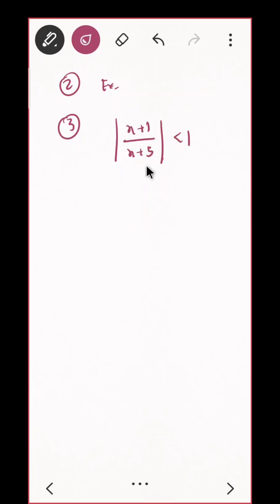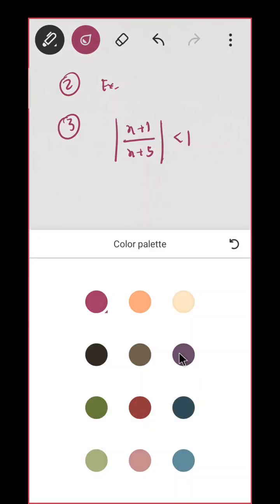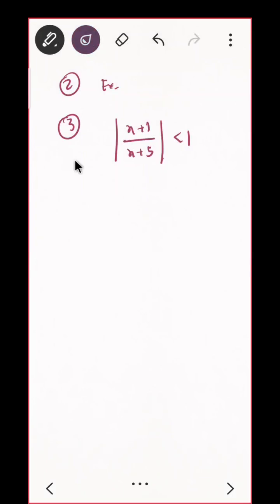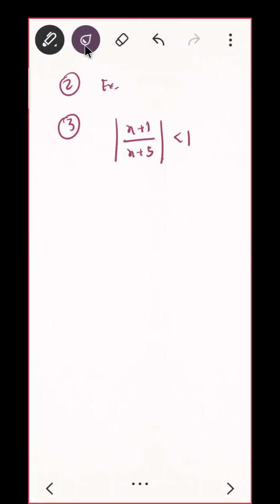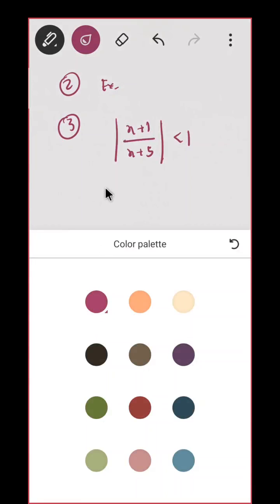Okay. Do you know some property of modulus? Mod of x upon y? Anyone? I think the last property, seventh or eighth property. Do you remember? Perfect. Very nice. This is what I wanted.